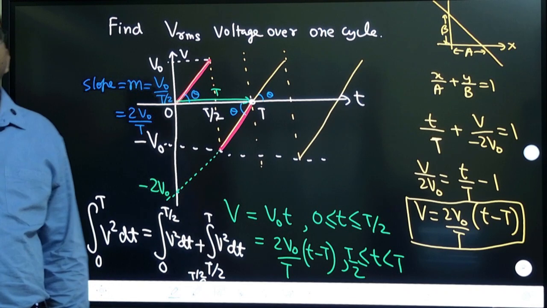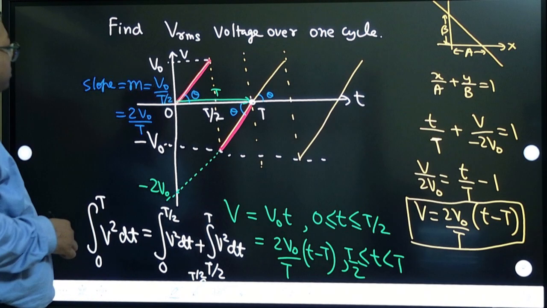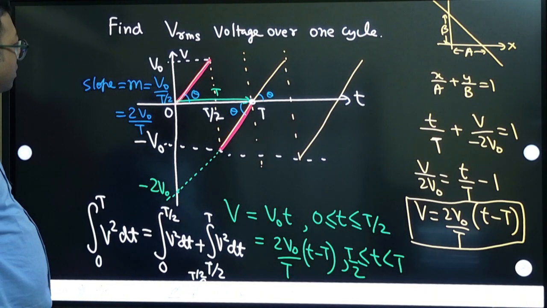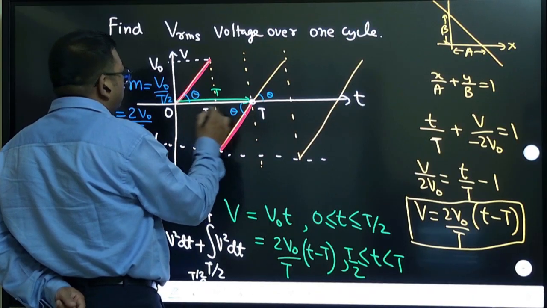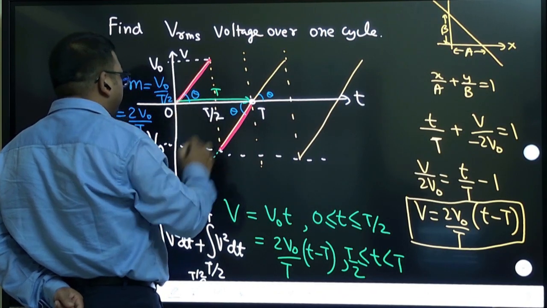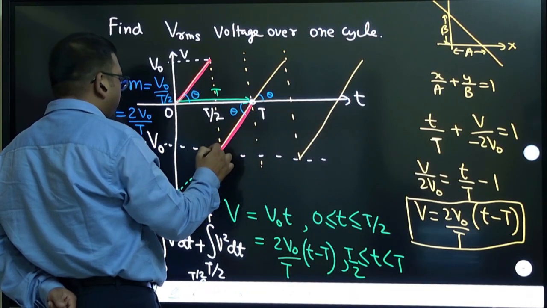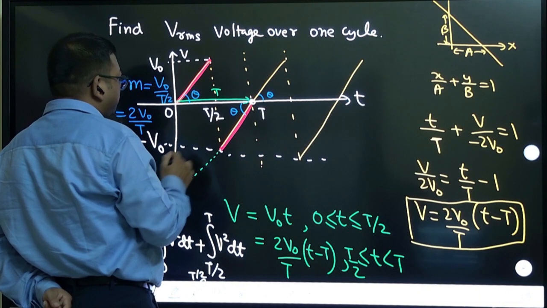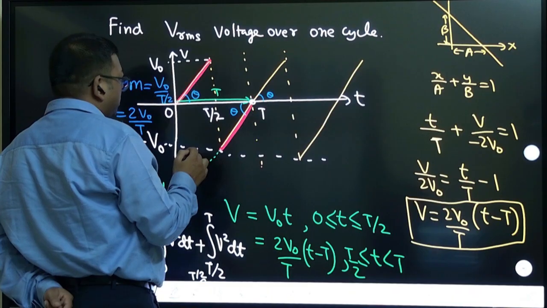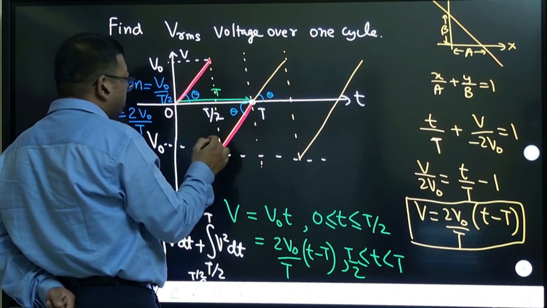Correct? Take tan theta. Suppose if I take tan theta in this bigger triangle and smaller triangle, that is what you are saying? Yes, yes. Tan theta is constant only, correct?